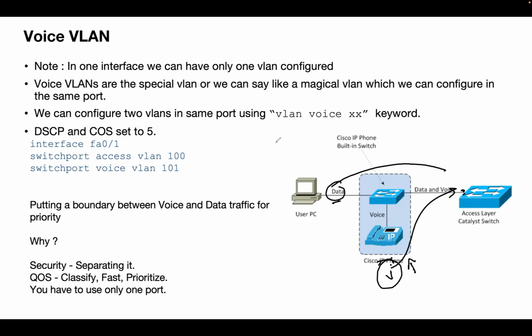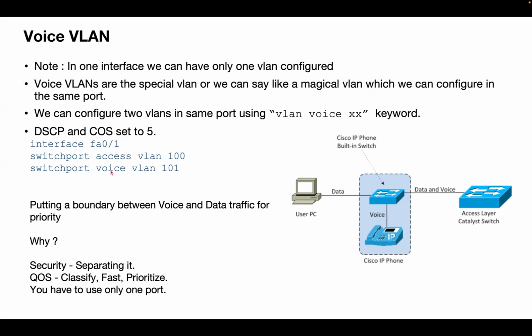Simply, on the interface, type switchport voice VLAN and give any VLAN number, 101, 102, whatever you want. Once you configure that, every voice traffic will come to VLAN 101, and from VLAN 101 you can give priority with the help of a topic called quality of service. So I can use QoS to get priority for my voice traffic.